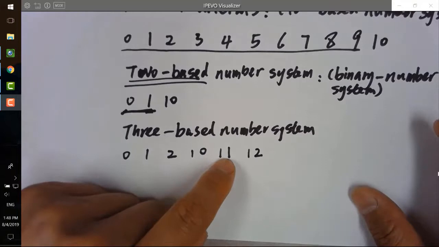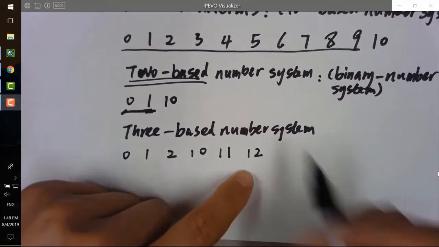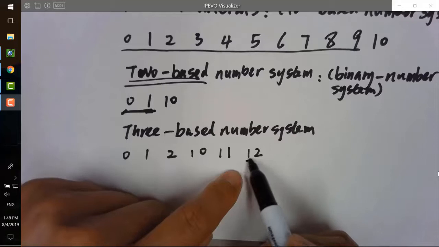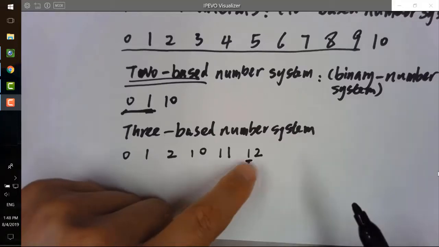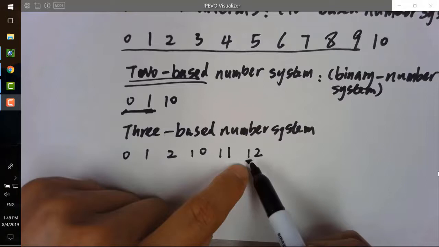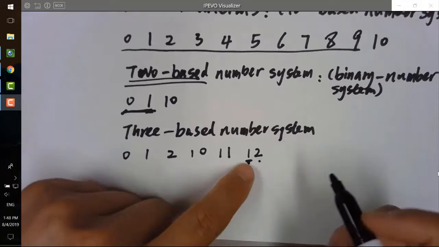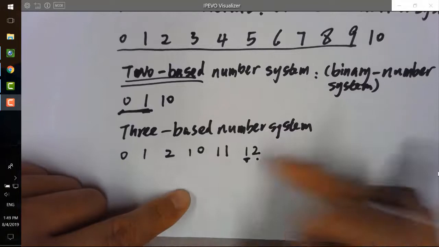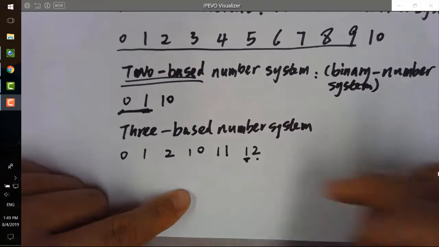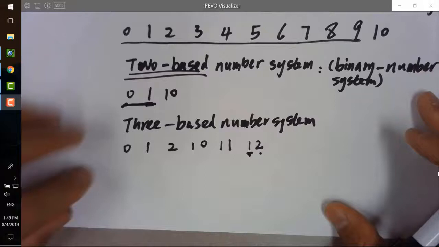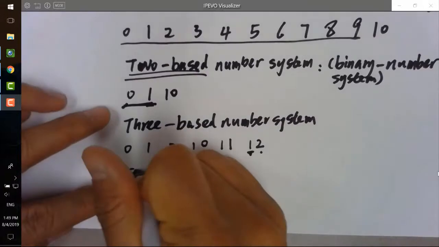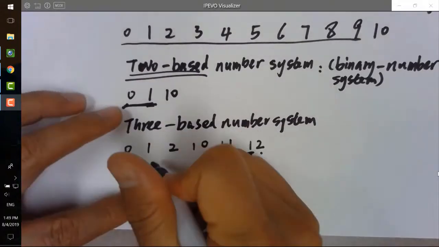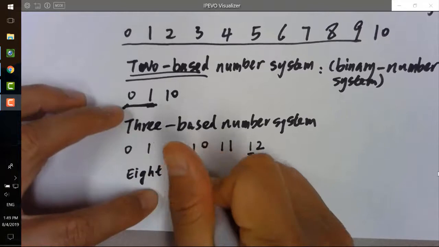Why is that? Because when you have a carry here, this 1 represents 3. So 3 plus 2 is 5, right? In the 3-based number system, this is how we represent different numbers. So what about 8-based?